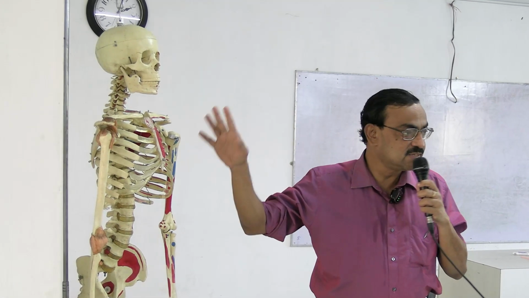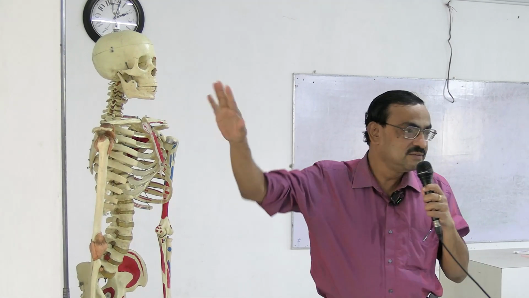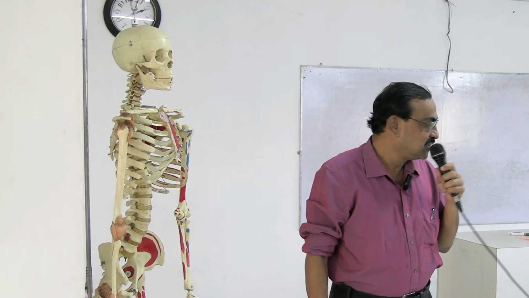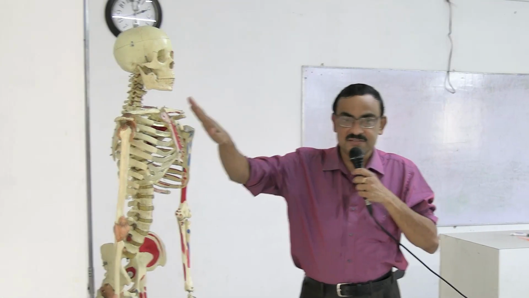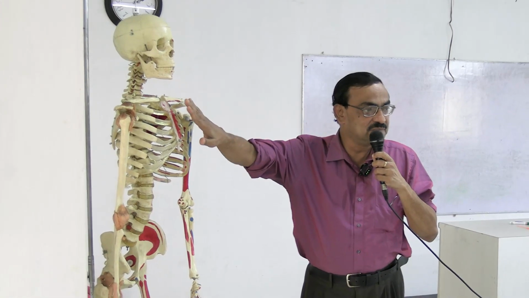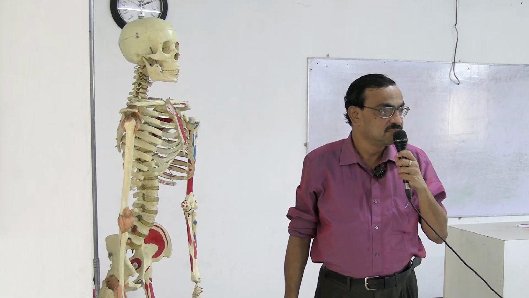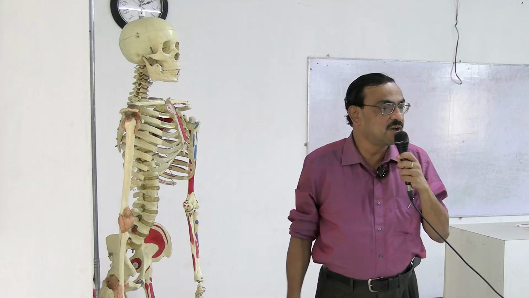We cannot find any structure here, but you can imagine there are several structures. In front there is pectoralis major, pectoralis minor, clavipectoral fascia in front.